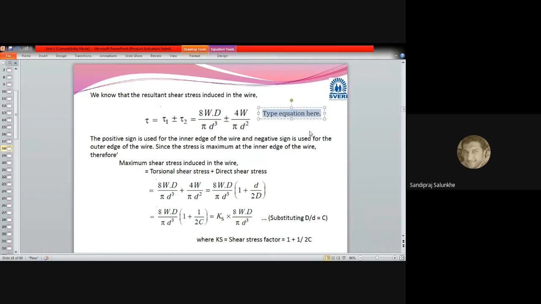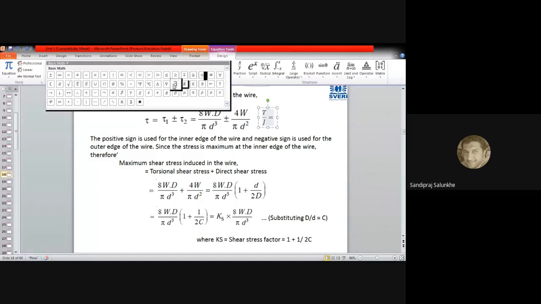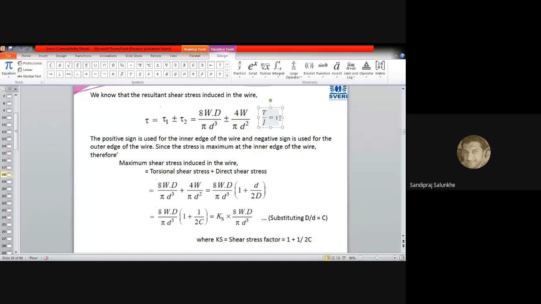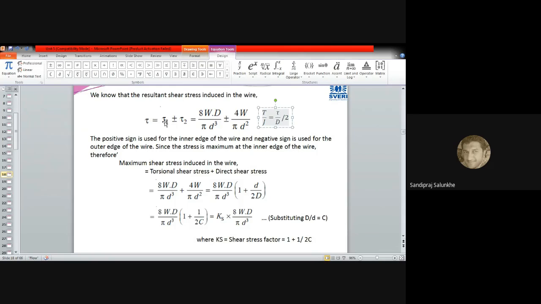T by J is equal to tau by R, where R is nothing but d by 2. From this we have calculated this T1 value.